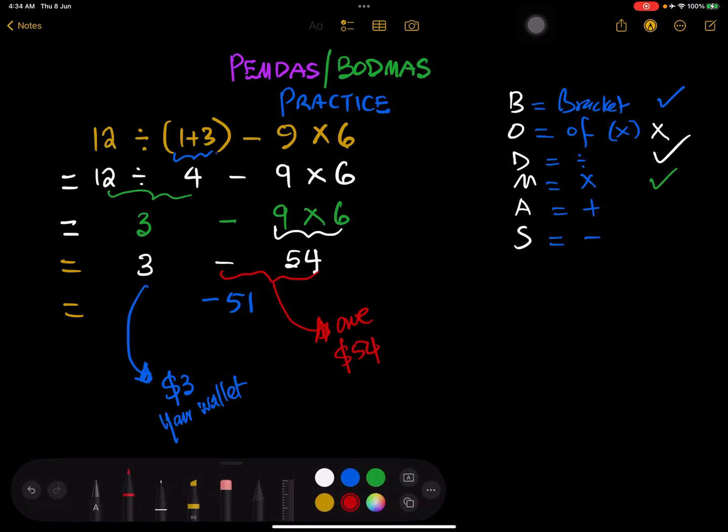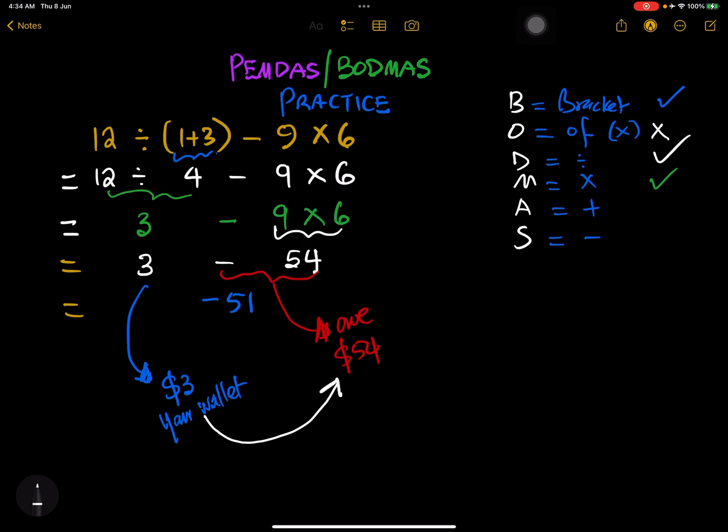If you imagine that you're using this $3 in your wallet to pay off this debt that you owe, will you be able to take care of all the bill? I don't think so. There's still an amount of money you still need to pay, which is $51. And since you still need to make that payment, it is a negative value.